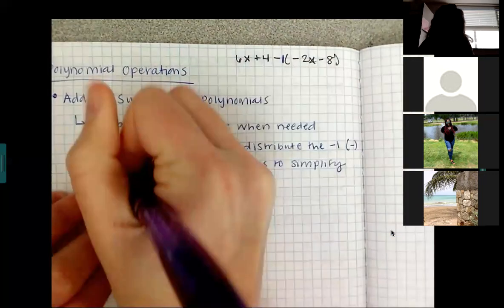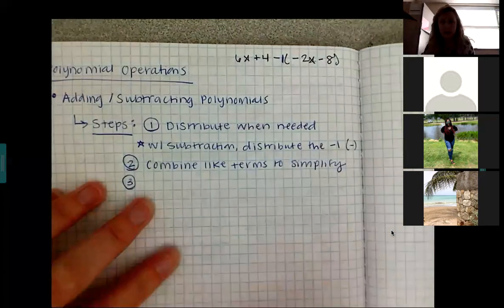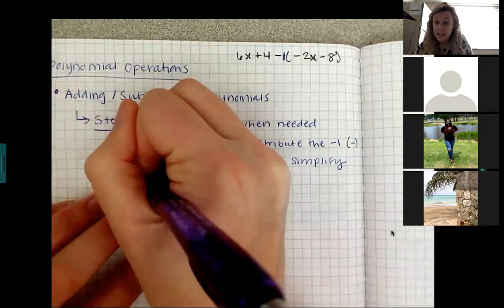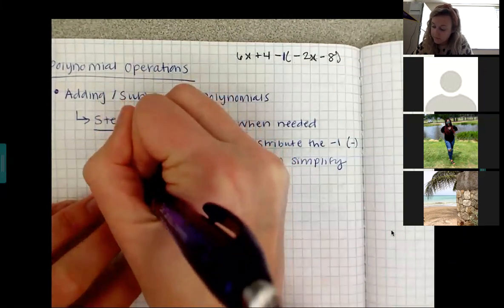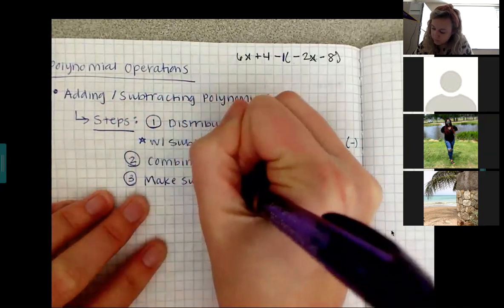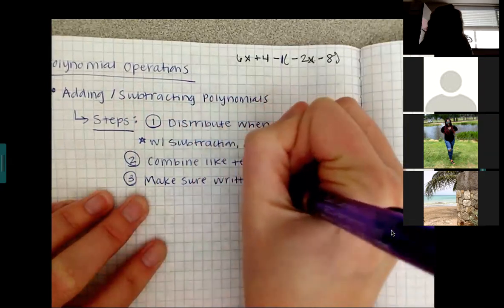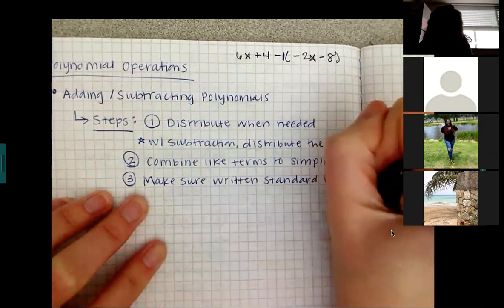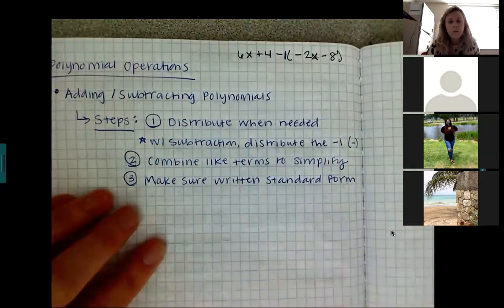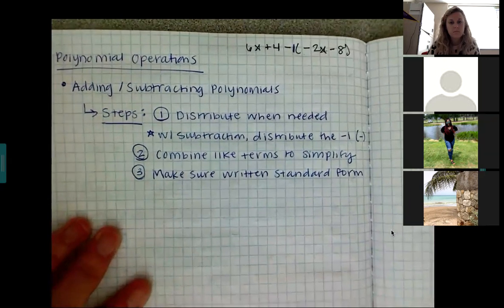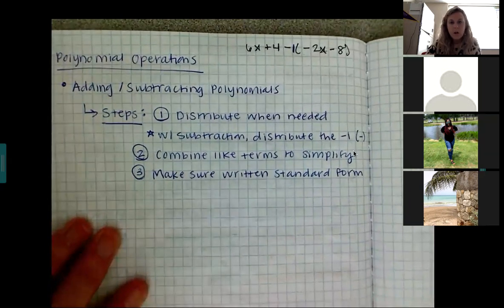And then the last thing you guys are going to have to do, and then I'll give you a second to catch up on writing, is make sure that it's written in standard form. So I'm going to give y'all a second to catch up on this writing.